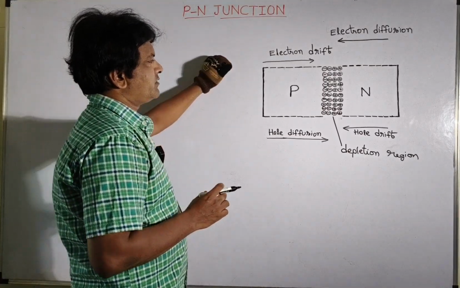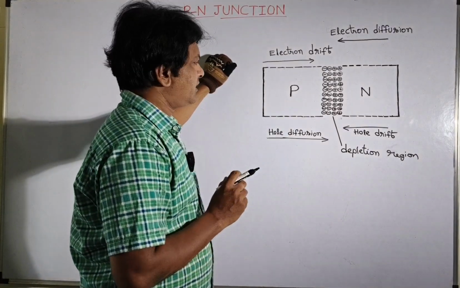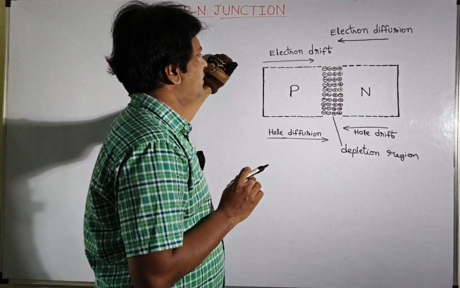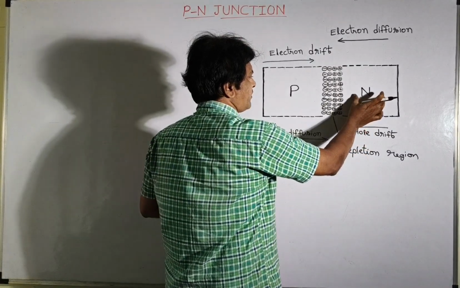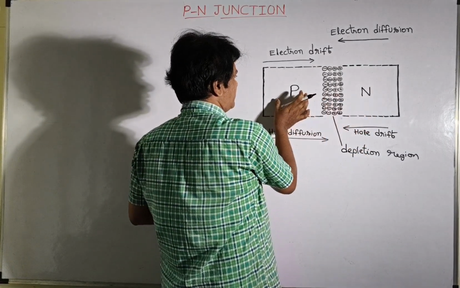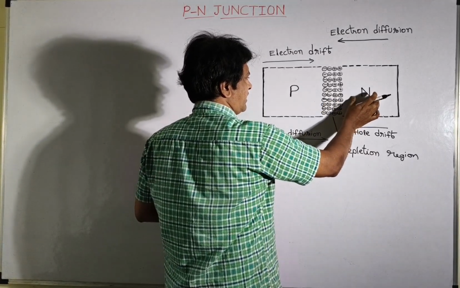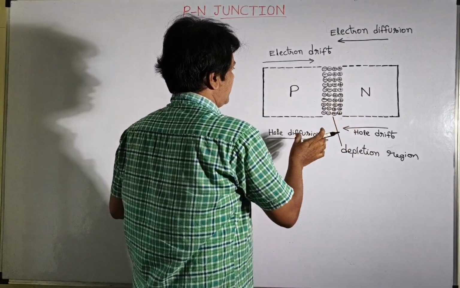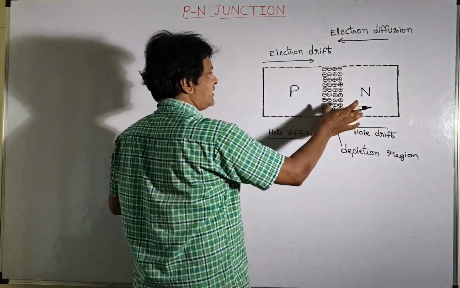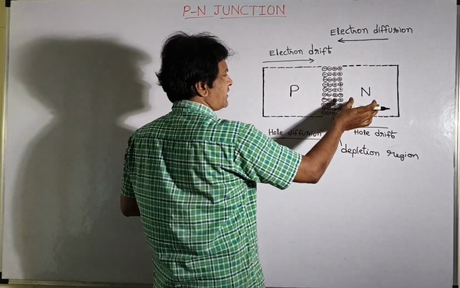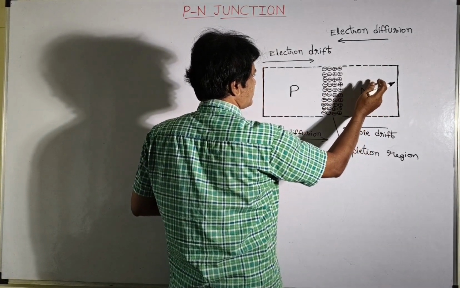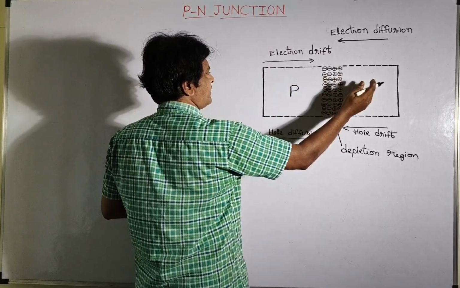If you consider a PN junction, there are more electrons here compared to the P-type, because the concentration is high here for electrons and low on the other side. So there is a gradient. The gradient will come down as we move along this side, the left side.